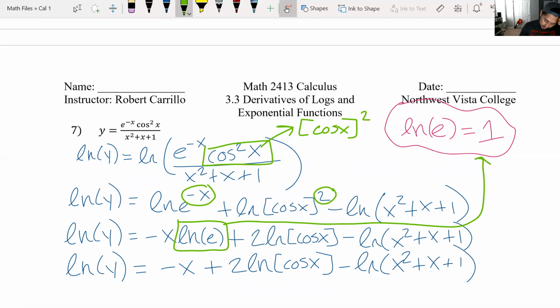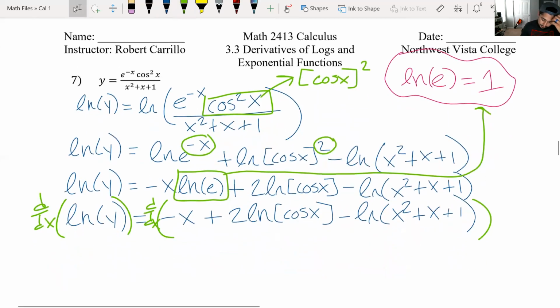All right, so I'm going to say d over dx of that and d over dx of all of that. Left side is implicit again. So moving up, you give y prime over y automatically. And now here we go.